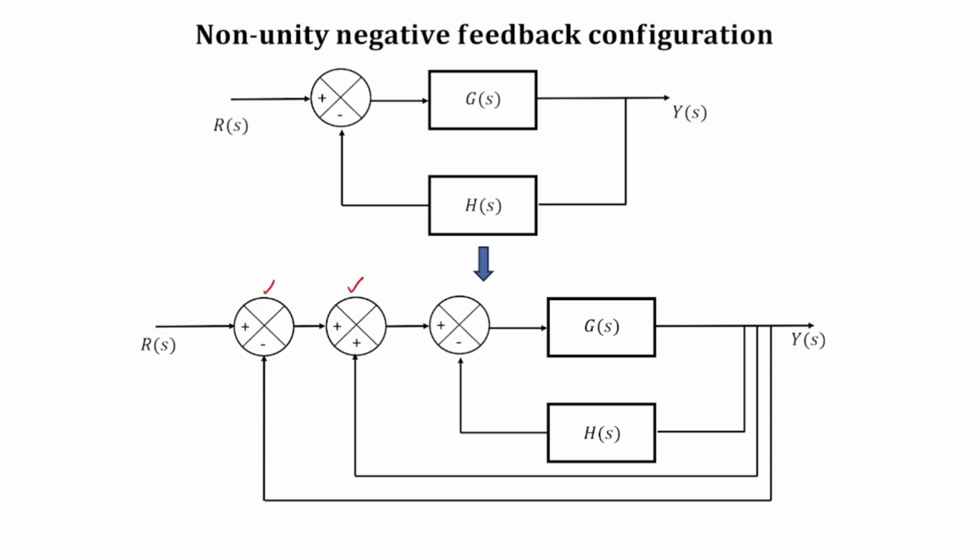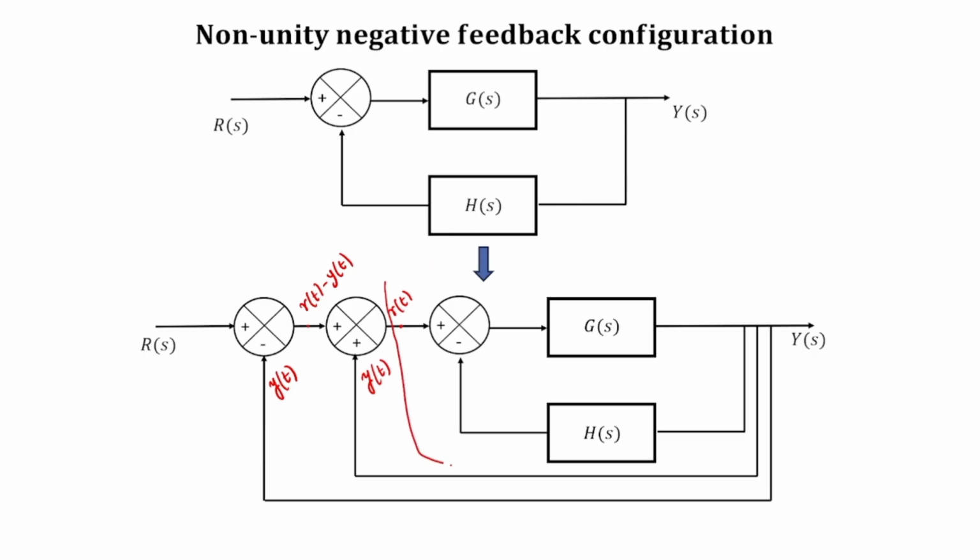Let us look at the signals. The signal coming at this point is y(t), and the signal coming at this point is also y(t). So the output from the first summer would be r(t) minus y(t), whereas the output from this summer would be r(t) minus y(t) plus y(t), which means y(t) and y(t) cancel out and you are left with r(t).